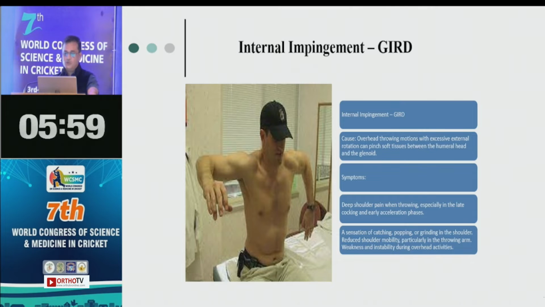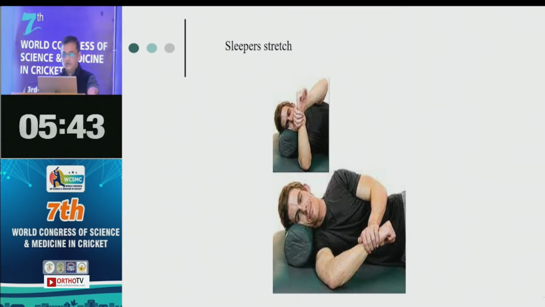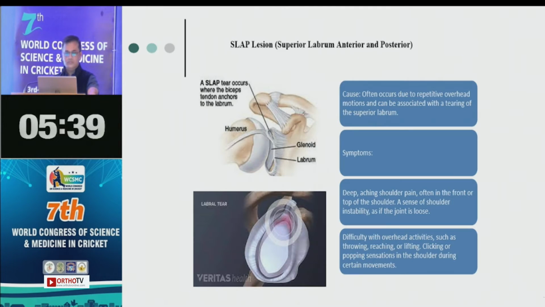You can very well see in the picture the difference in internal rotation. The symptoms would be deep shoulder pain, restriction of movement, and there can be catching, popping, and grinding sounds in the shoulder. There would definitely be reduced shoulder mobility. Sleeper stretch would be the remedy.